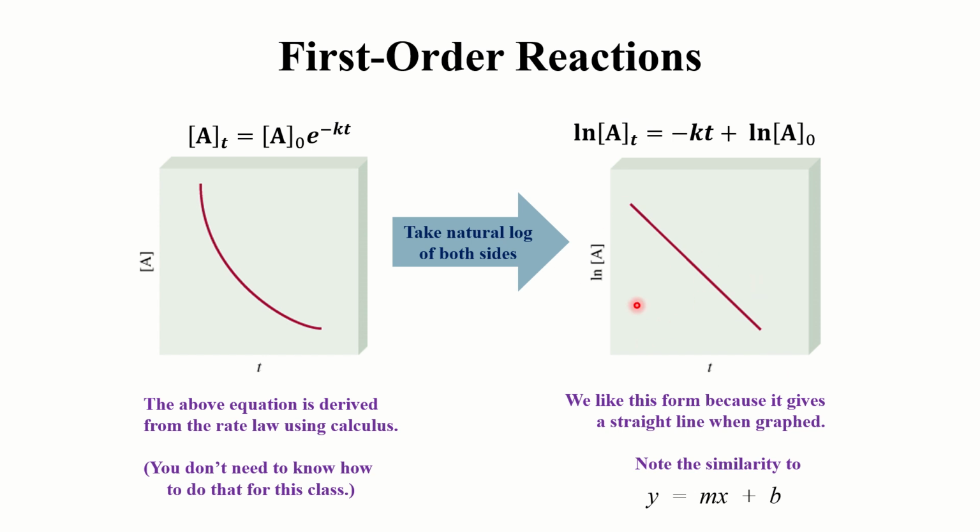We can note the similarity of this equation to y equals mx plus b, where natural log At is our y value, little t for time is our x value, natural log A0 is our y-intercept, and negative k is the slope of this line. So by plotting this data, we can determine the rate constant for whatever reaction this is.